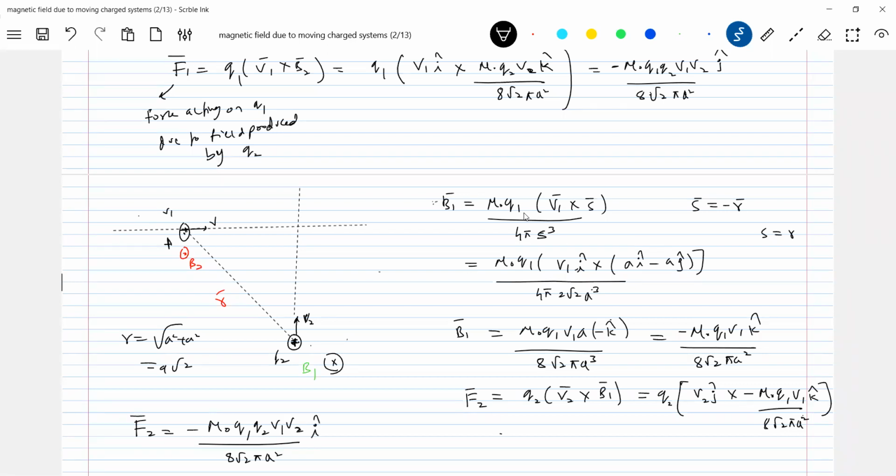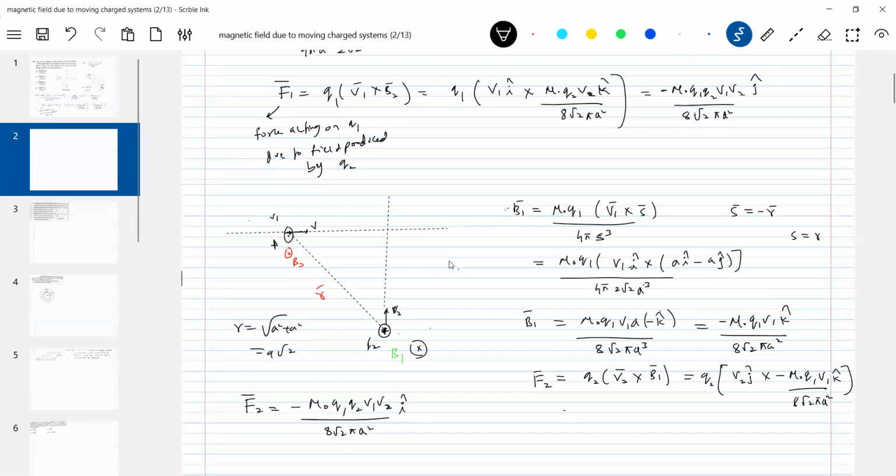They're not equal, no? How come? Something wrong is there? So how F2 will act along negative x-axis? How F1 is acting? The J cap, you see this?